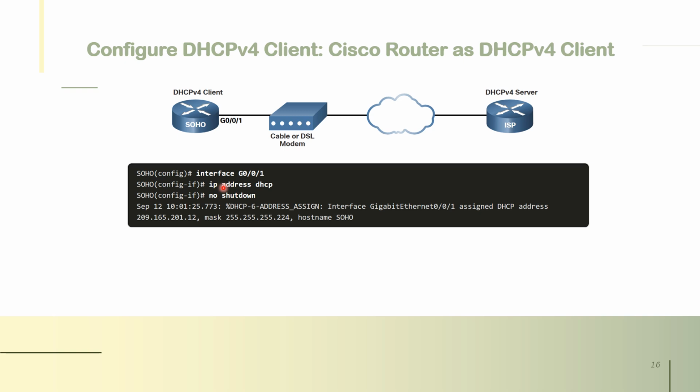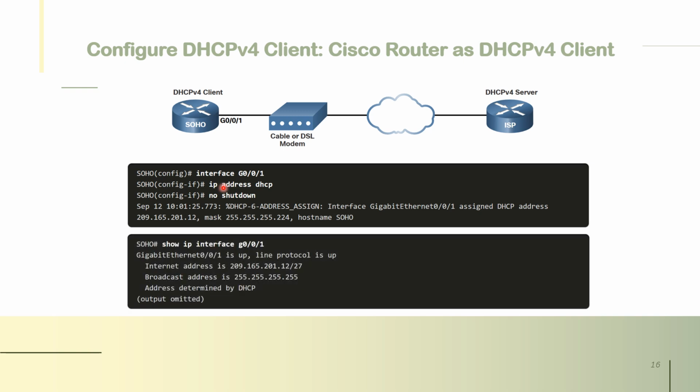And then if you use the show ip interface Gig 0/0/1 for this interface, now we will be able to see that it is able to get an IPv4 address from the internet service provider, and the address is determined by the DHCP server that is provided by the internet service provider.